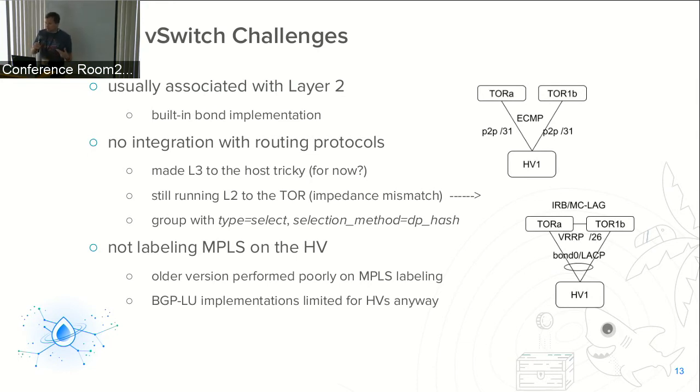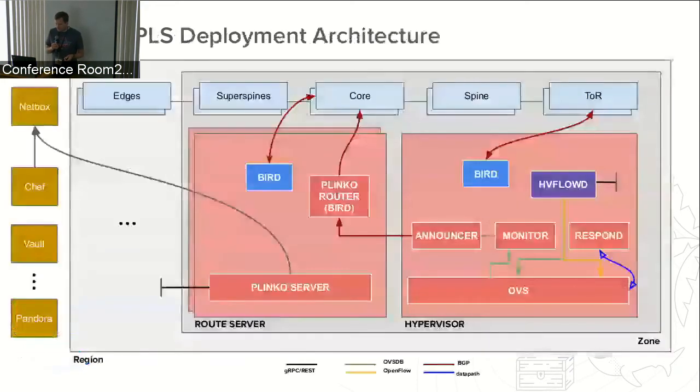There may be other factors in choosing whether to turn off a link or take it out of the ECMP group. So we have a little more work to do there in the future. I'll hand it over to Jacob to talk about how we pivoted our traffic over to L3.